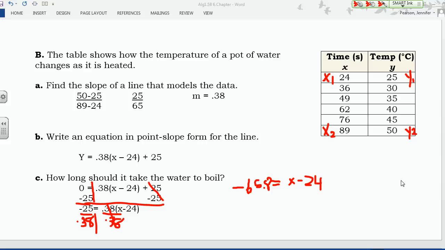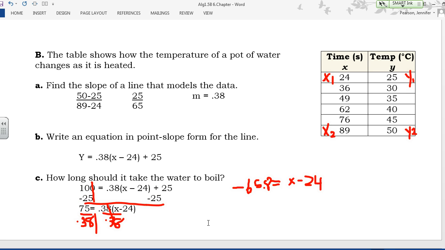And that's not the right answer, because I said water boils at 100 degrees Celsius, not 0 degrees. That's when it freezes. So let's refresh here. This is going to be 75.